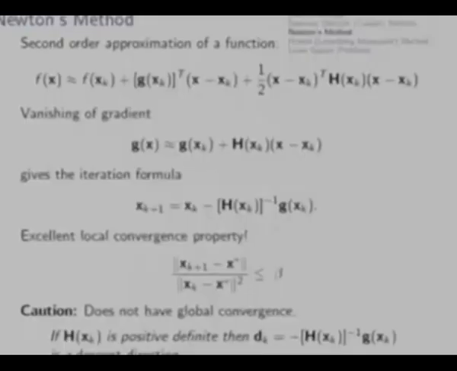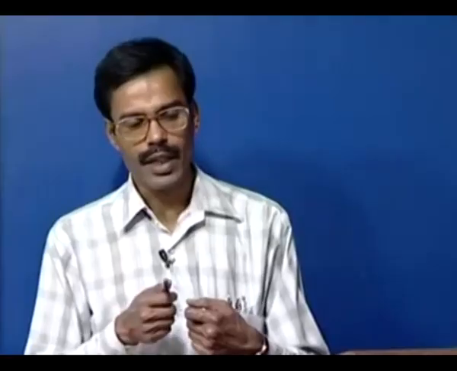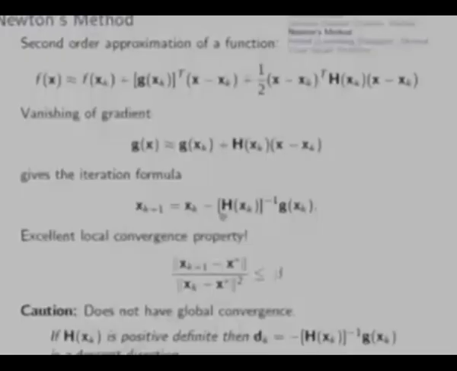In the special case where the Hessian matrix is positive definite, in that kind of a situation also all that we can say is the direction suggested by Newton's method is a descent direction. Okay.